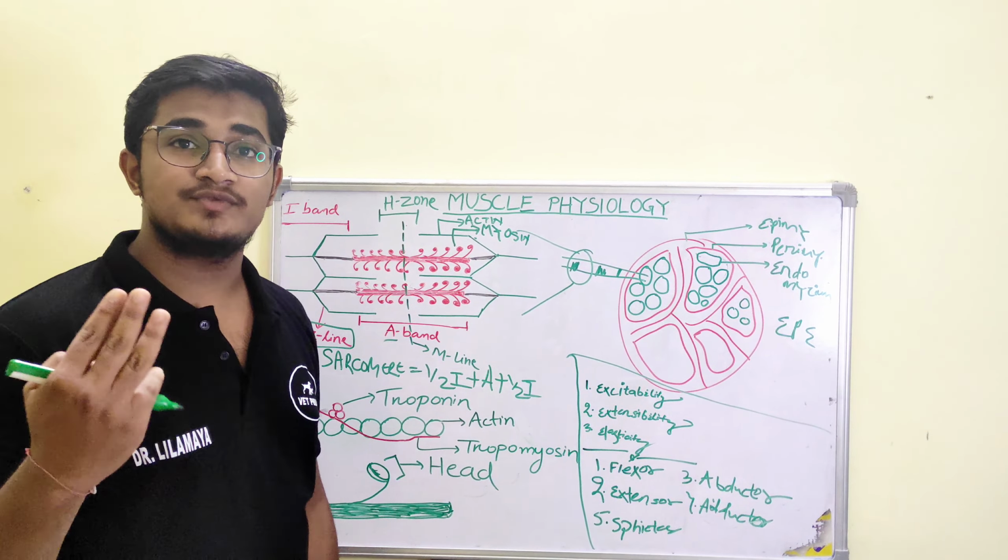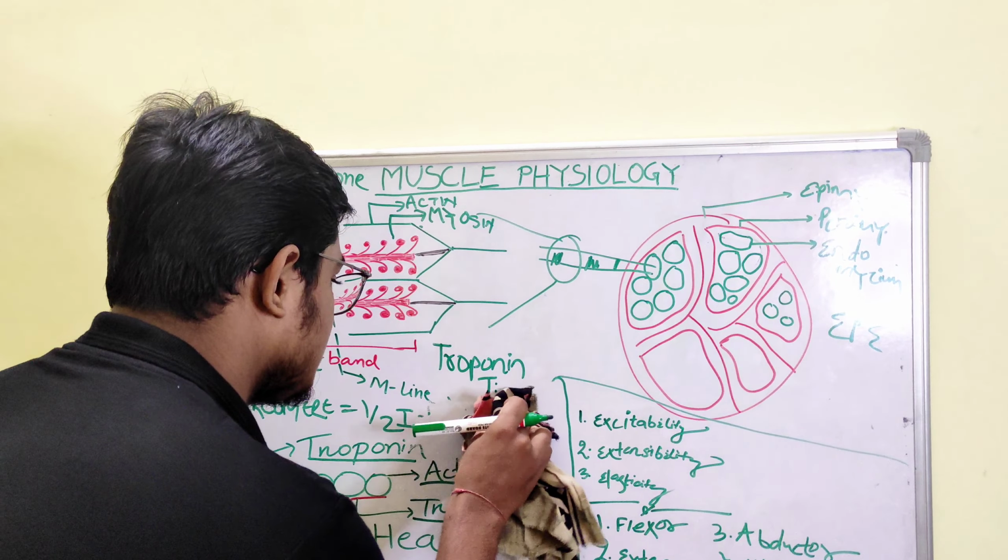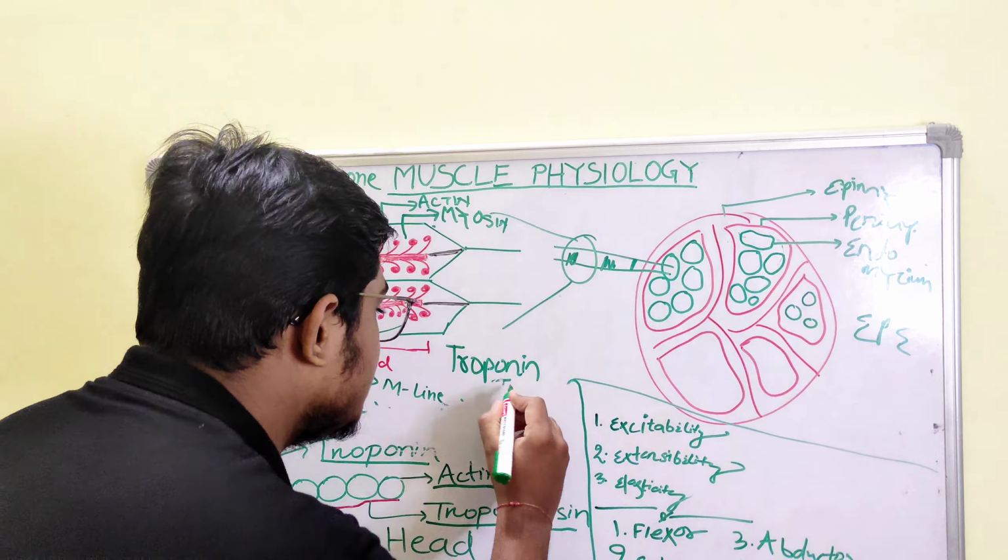Upon the actin there is a structure called tropomyosin. This red structure is the tropomyosin. Again, there is a three-rounded structure, that is troponin. Troponin has three portions: the T portion, I portion, and C portion.